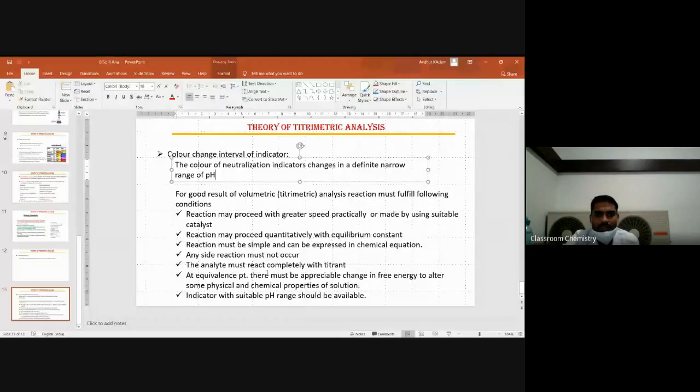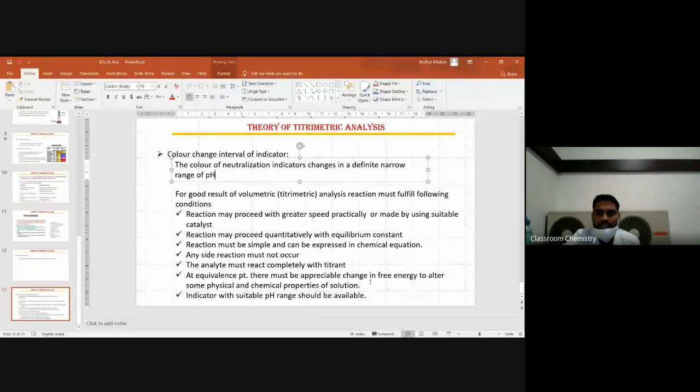The analyte must react completely with the titrant. Whatever the solution taken in the burette, the titrant and analyte must react completely. At the equivalence point, there must be an appreciable change in free energy to alter the physical and chemical properties of the solution.